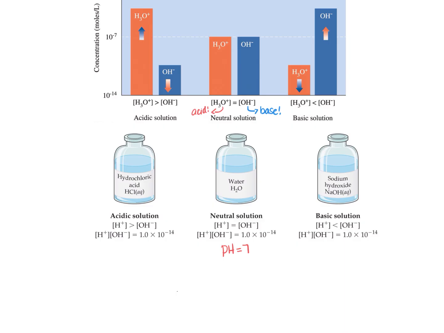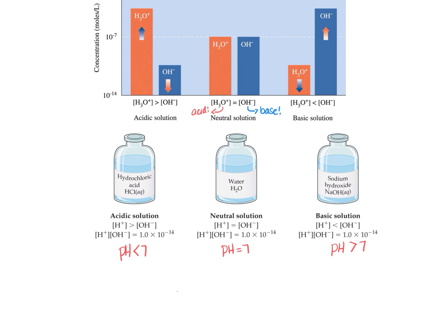And so that translates into having a pH that's greater than 7. In acidic solutions, we have a lot more H3O+, which is H+ here. So here's hydrochloric acid, and that translates to a pH that's less than 7. So these are our 3 pH values.